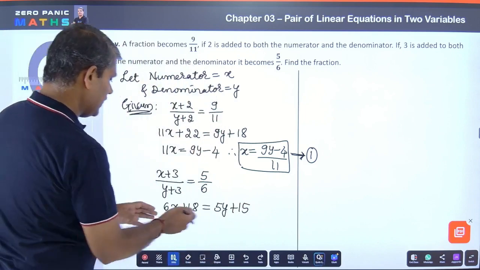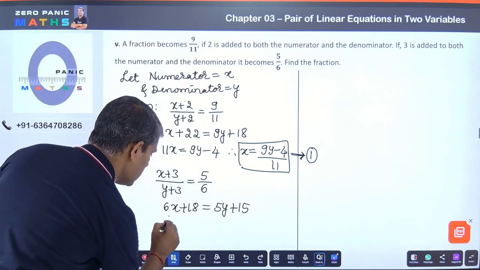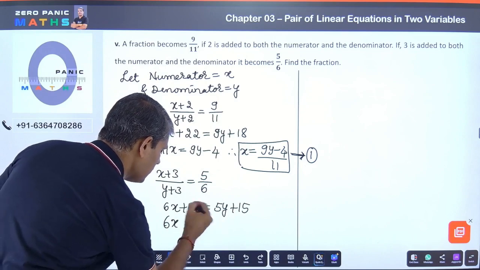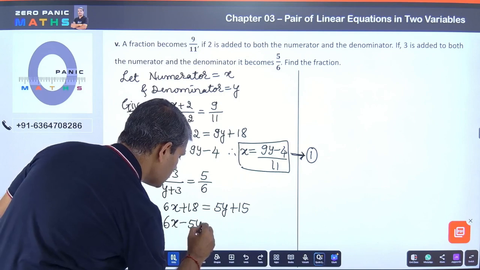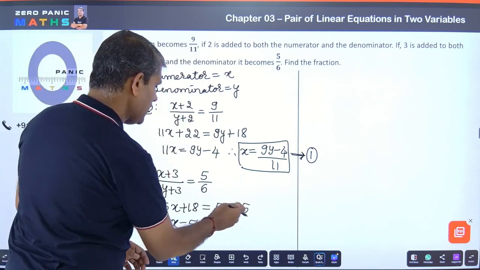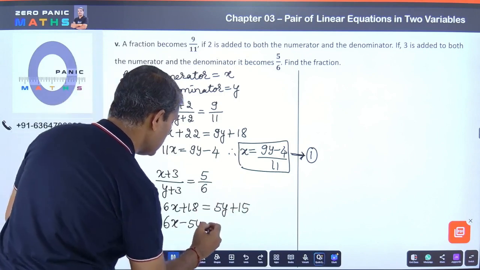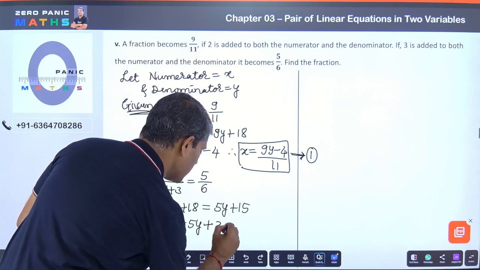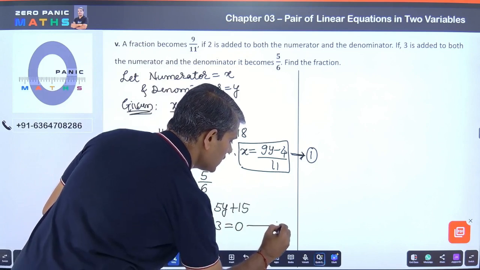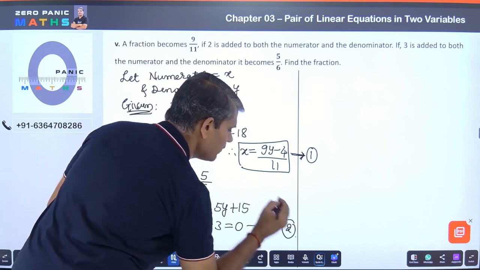Let us derive the equation from it. That is 6x minus 5y, taking 15 also to this side, 18 minus 15, plus 3 is equal to 0. This is my equation 2.